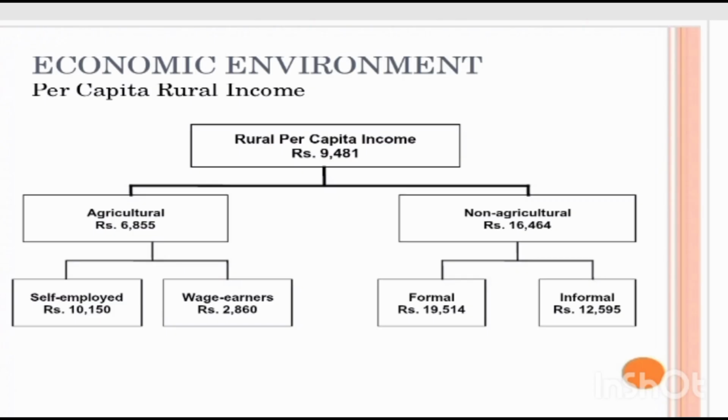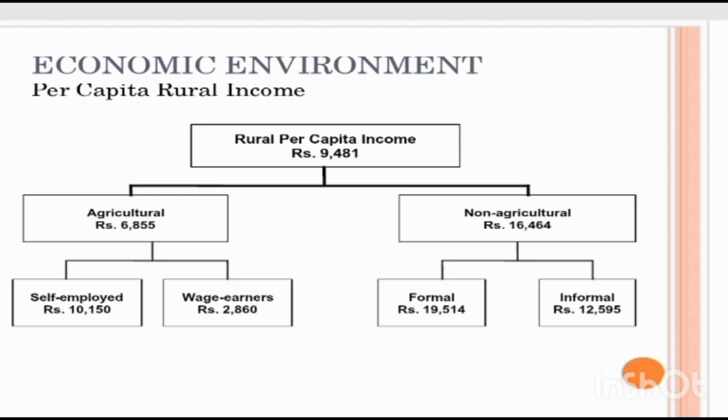The overall rural per capita income stands at 9,481 rupees. This figure, while a useful average, masks significant variations in how this income is earned. We can broadly categorize the income sources into two main streams: agricultural and non-agricultural. Agricultural income. The agricultural sector, traditionally the backbone of the rural economy, yields an average per capita income of 6,855 rupees.